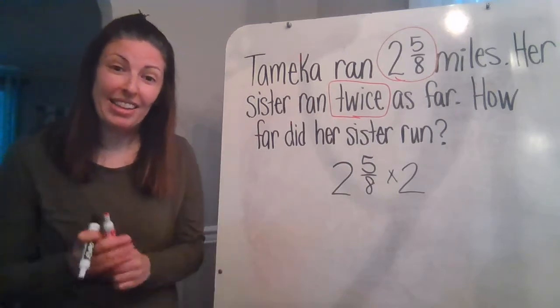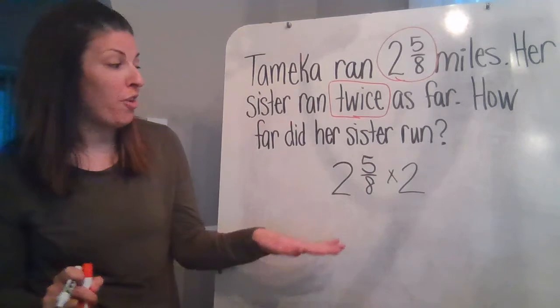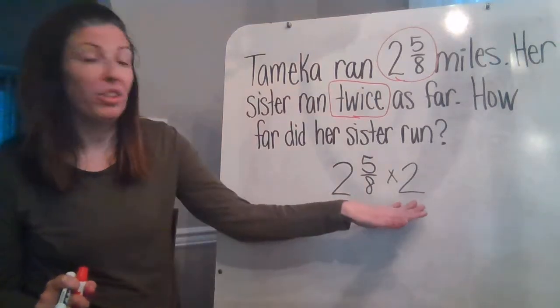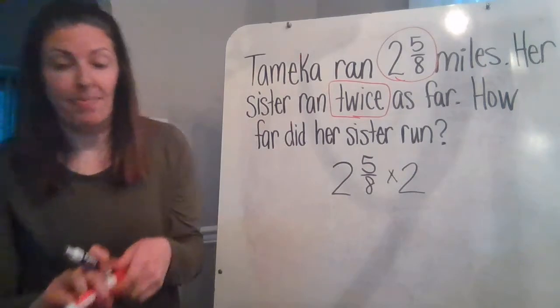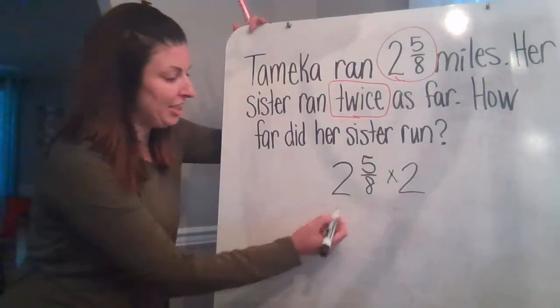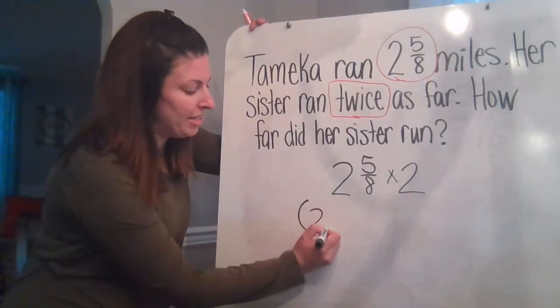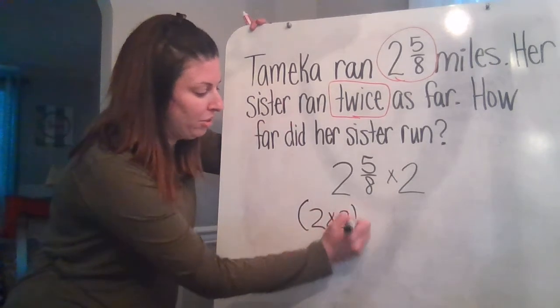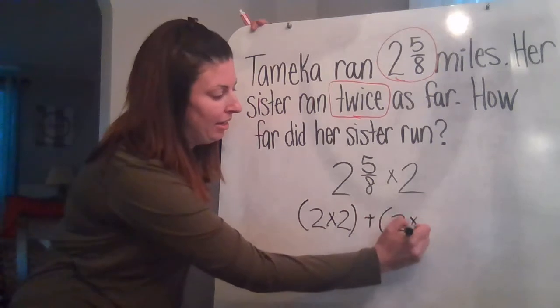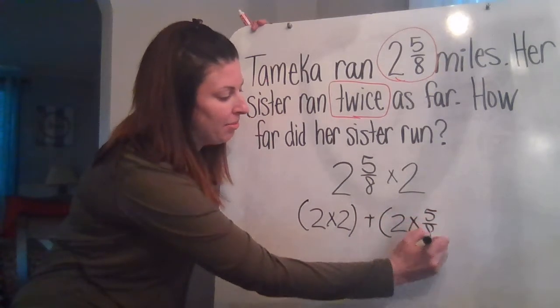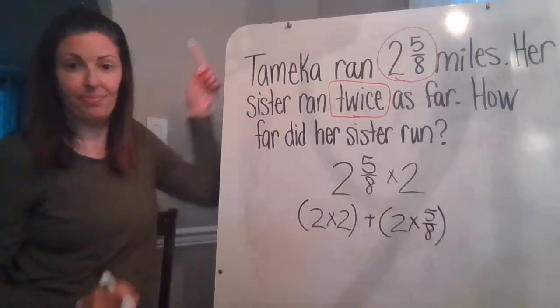Okay, welcome back. Let's see how you did. So we know that we have to distribute this whole number, this 2, to our 2 and to our 5/8. And so what that looks like is inside our parentheses, we have our 2 times our 2, and we add it to our 2 times 5/8.